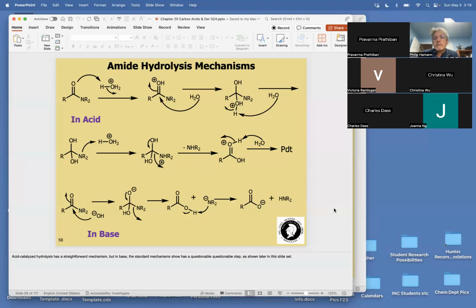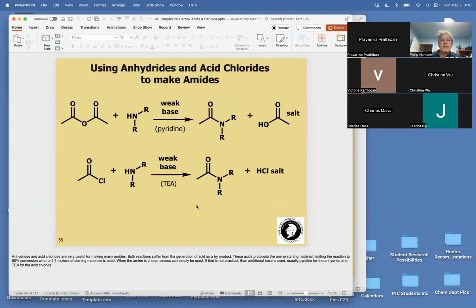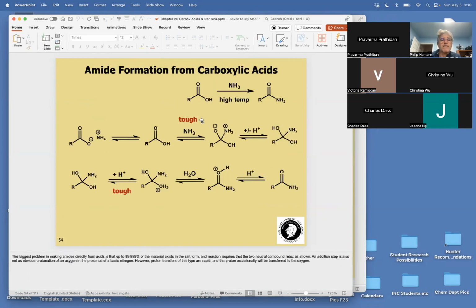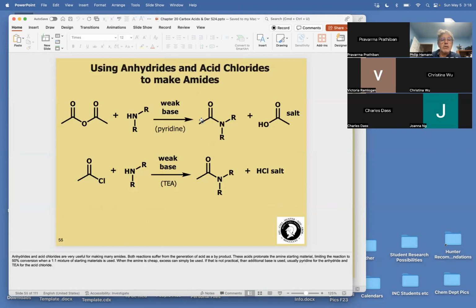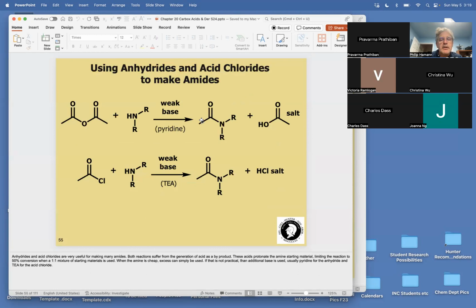Professor, for the same presentation, slide 55, is this mechanism similar to the one on slide 54 with the carboxylic acid? 55 is the high temperature production of amide from the acid and an amine.